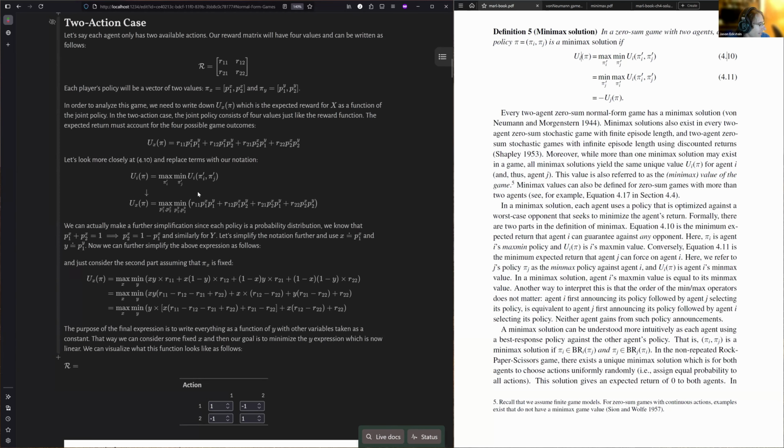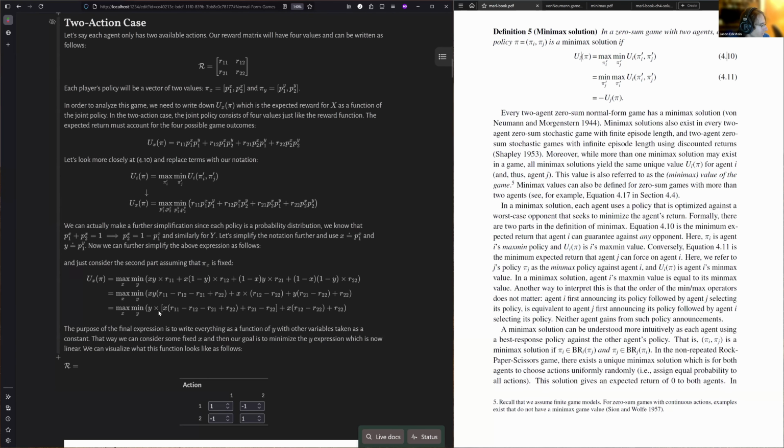So I have just written this expression out, replacing: for this first expression, this becomes x and this becomes y, and every time there's a p2, that will just be 1 minus the corresponding x or y. And I've grouped the terms a little bit here.